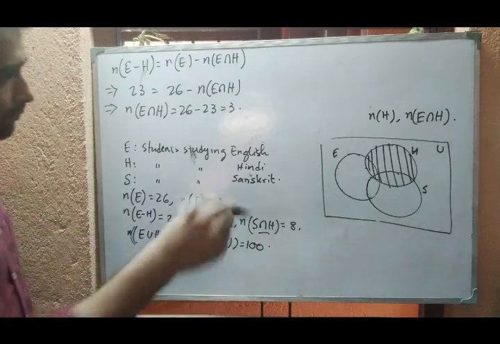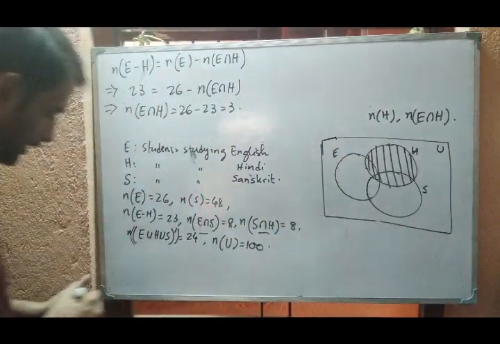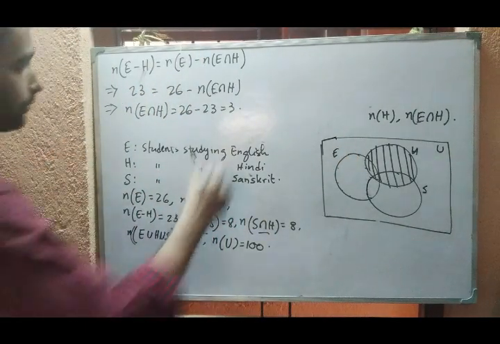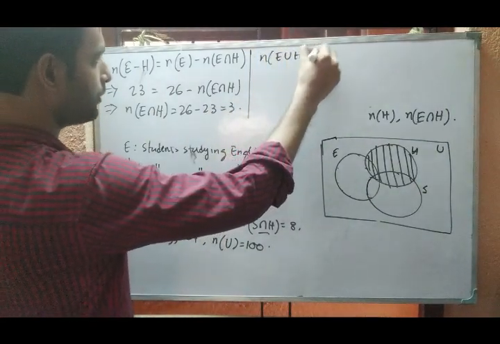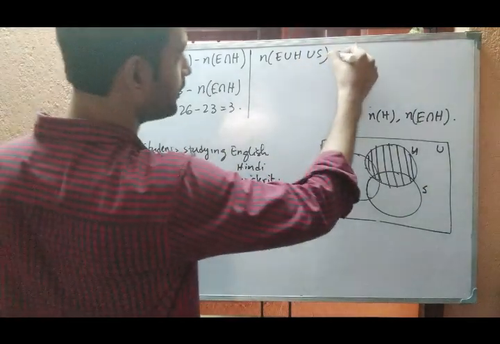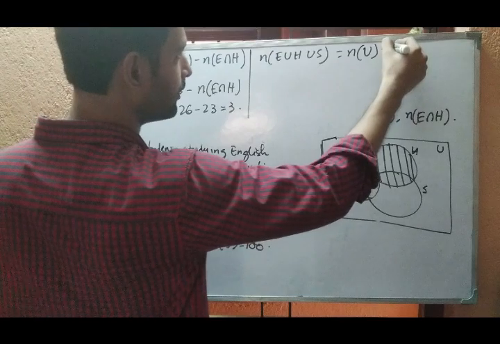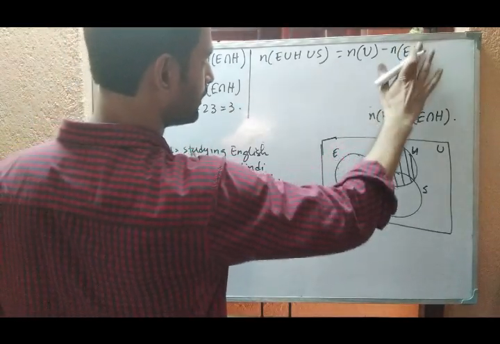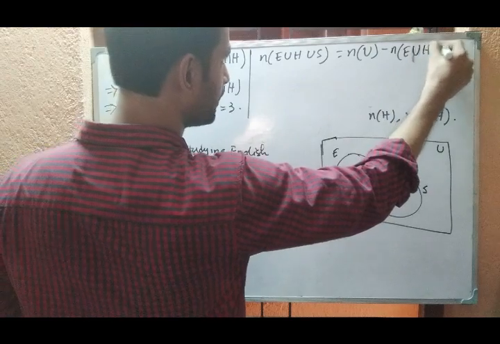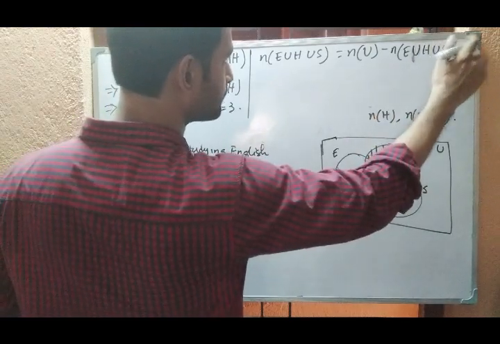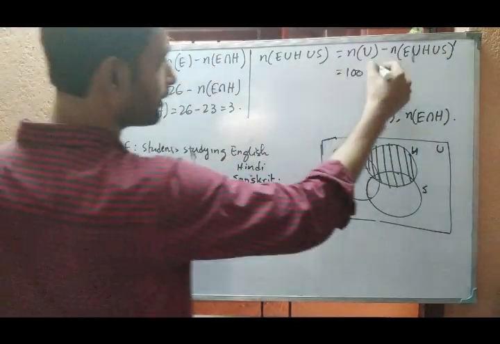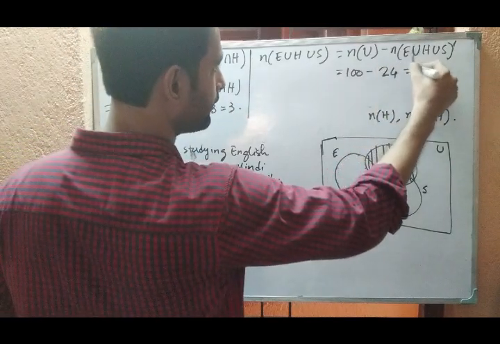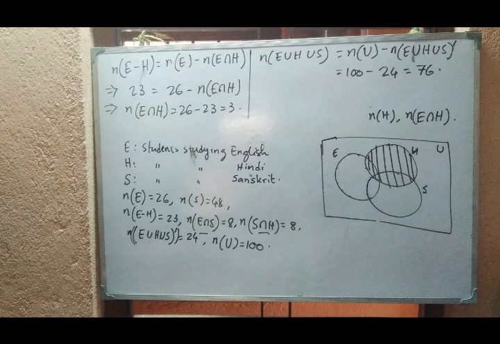That means in the rectangular region, that is the universal set, there are 100 students. So now we can easily find the number of elements in E union H union S by using the complement formula: n of U minus n of the complement of E union H union S. So that will be 100 minus 24, which is 76. So E union H union S is 76.